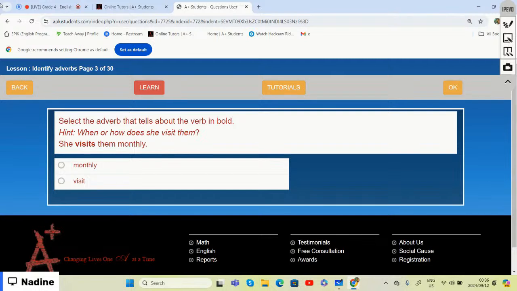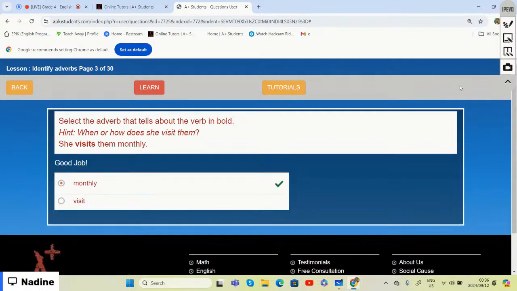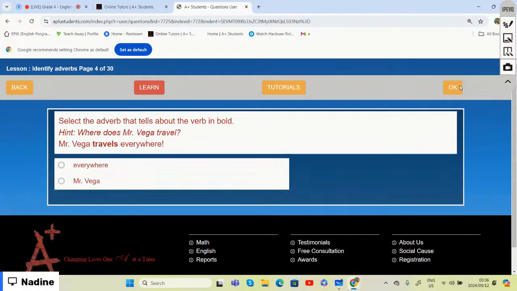It says she visits them monthly, then monthly is our adverb. It tells us when she visits.